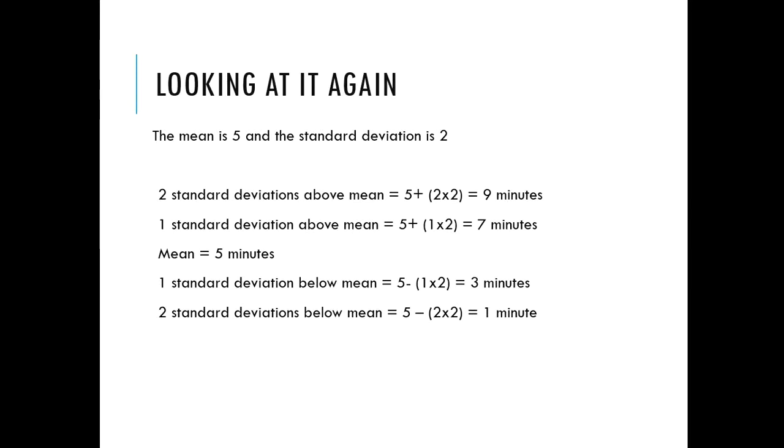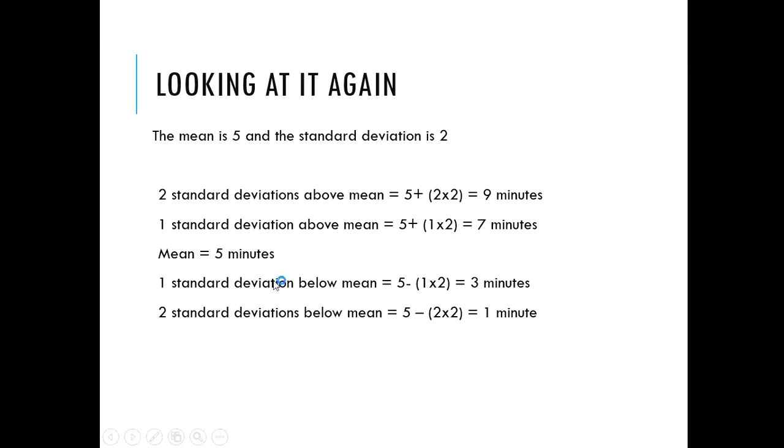Okay, the mean is 5 and the standard deviation is 2. So right here is my mean. One standard deviation above the mean is 5 plus 1 times 2, 2 being my standard deviation, which gives me 7 minutes. Two standard deviations above the mean is 5 plus 2 times 2, which gives me 9. But remember, we have 2 standard deviations above the mean, and we can have 2 below it.